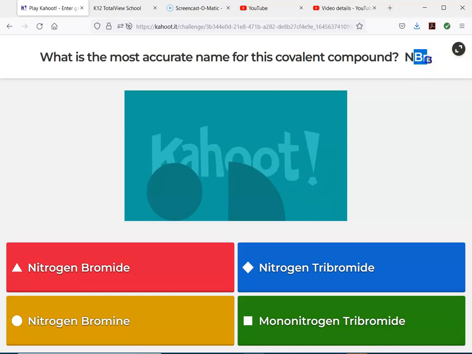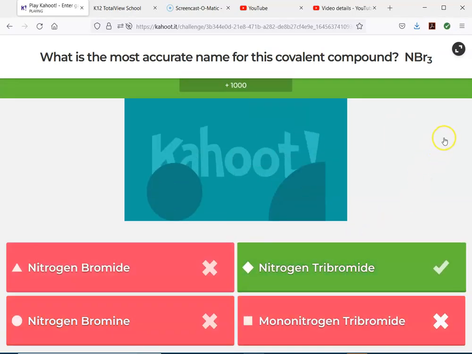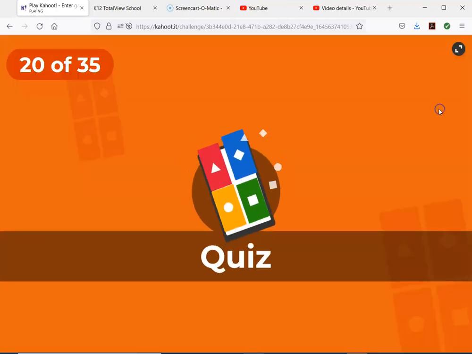Name the second one second. That's bromine. You might need a periodic table to do these, guys, okay? Bromine, and there are 3 of them. Tribro, and then we have to change the ending of the bromine to IDE. Tribromide. Nitrogen tribromide. All right.